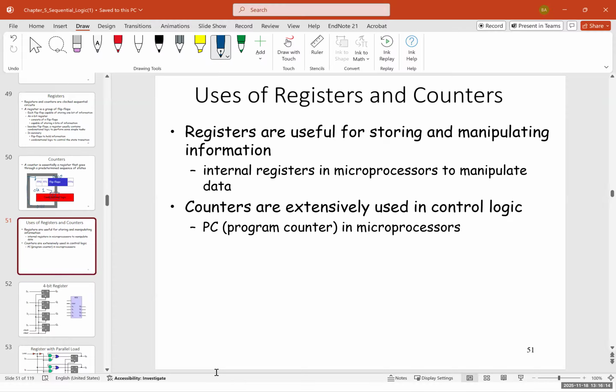One example is counting the number of inputs that you have. If you have a motion sensor and you want to count how many people are going through, you can use a counter. That's a very simple example. Or counting from 0 to a certain number to measure distance or something like that. These are some applications.